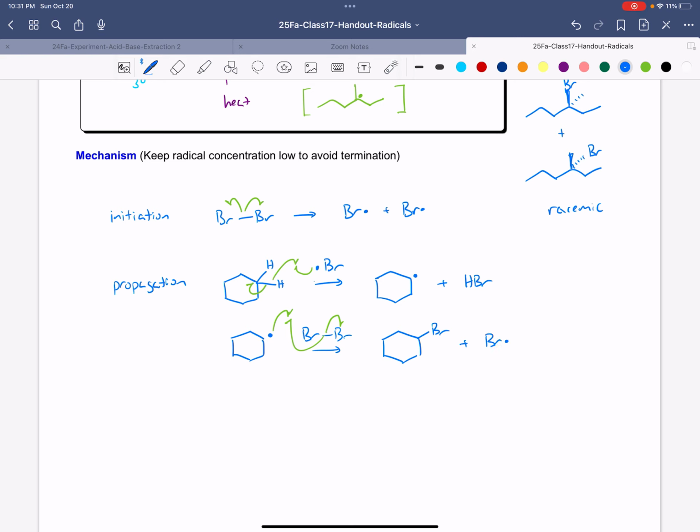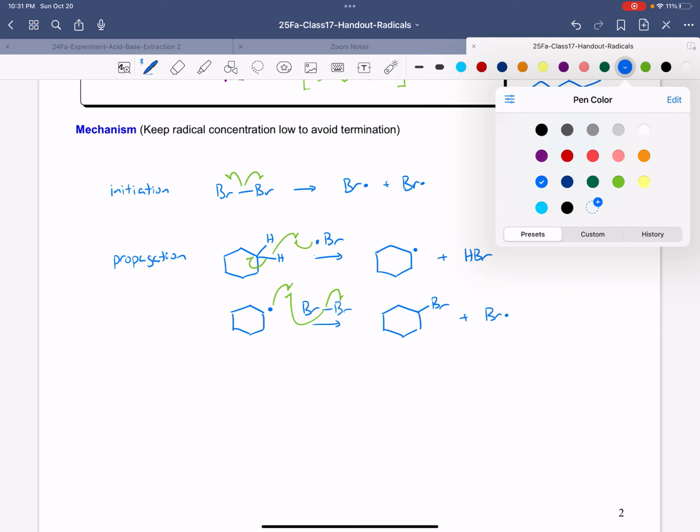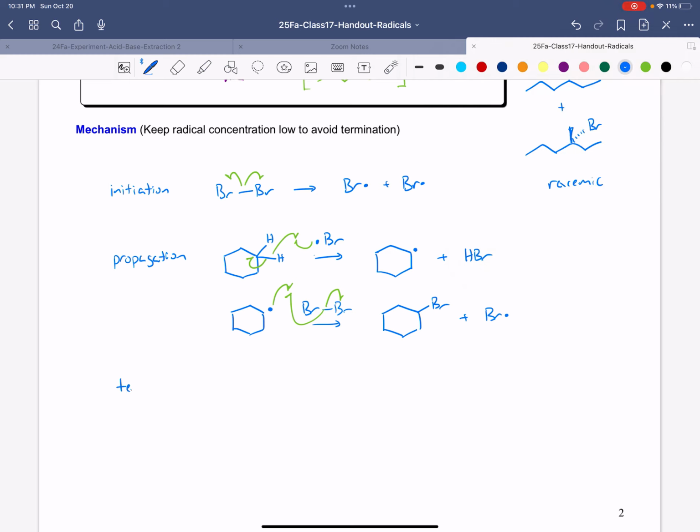And we form the Br radical, which can go back and start the propagation step over again. Again, I am going to annotate this after I'm completely done. There are 3 termination steps. It requires 2 radicals coming together.